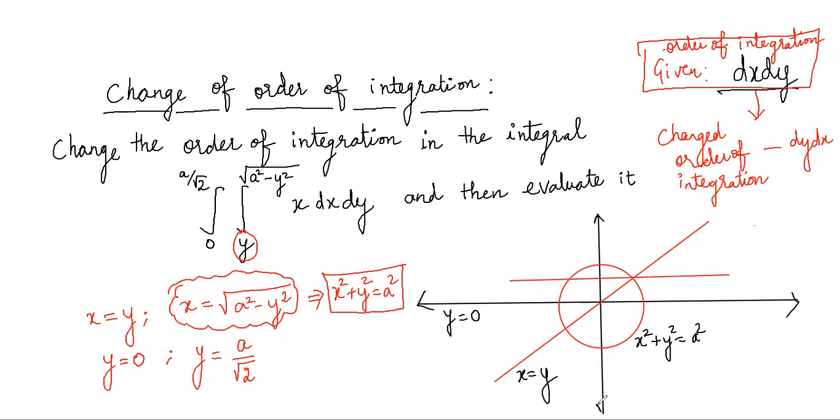This is the y-axis, whose equation is x equal to 0, and this is y equal to a by root 2.